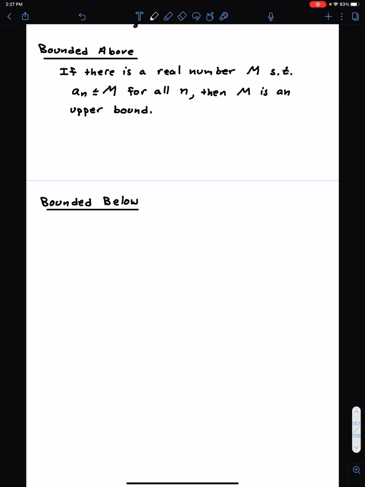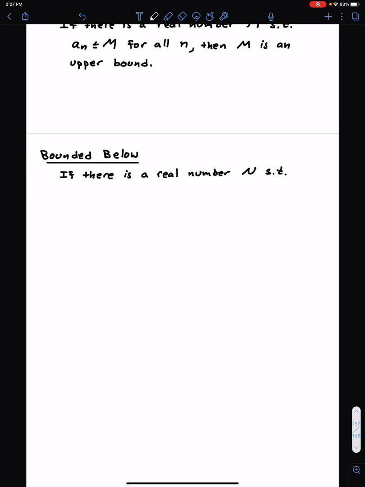Bounded below. If there is a real number n such that A sub n is greater than or equal to n for all n, then n is a lower bound.